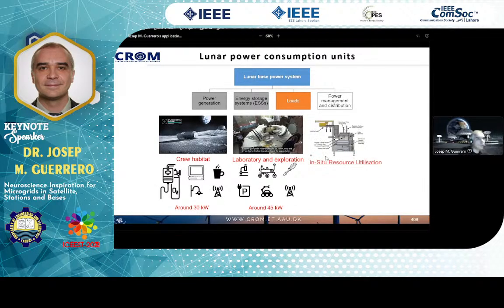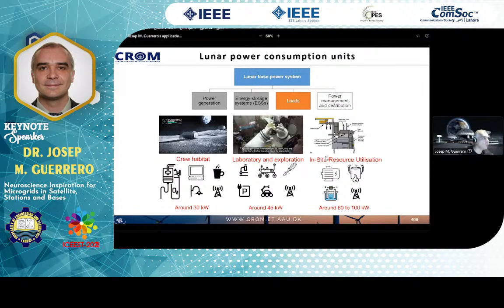The other thing is to look at the loads. So we have the crew habitats. I will come back to this. That's extremely important because we have to see the power that we need to generate, especially oxygen, and to have an ecosystem for them.